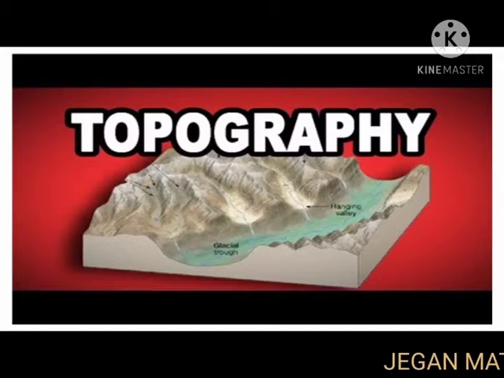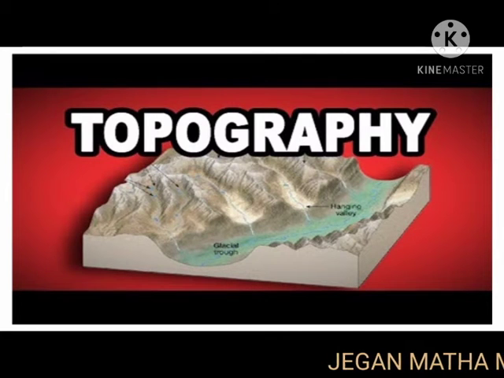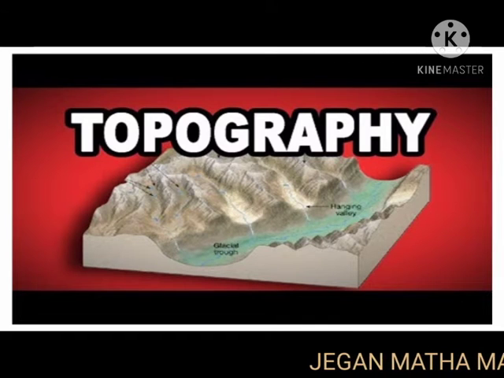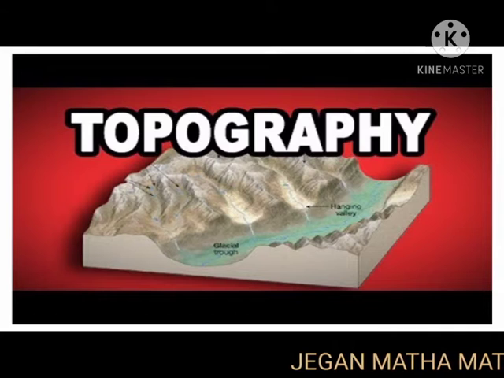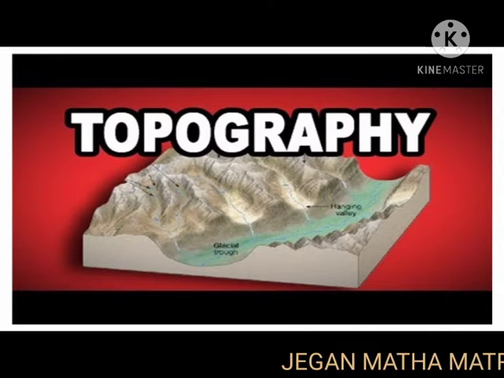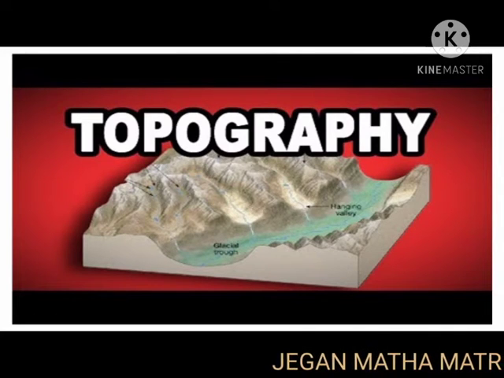Today we are going to see about topography in the ecology lesson. Topographic factors. The surface features of the earth are called topography. Topography influences the climate of any area, determined by the interaction of solar radiation, temperature, humidity, rainfall, latitude and altitude.